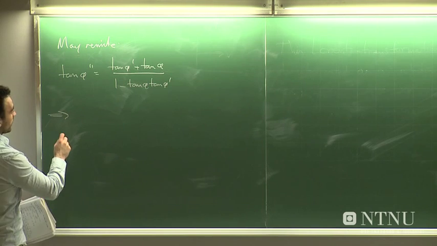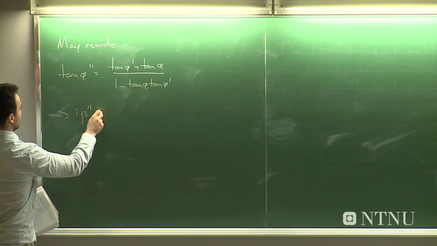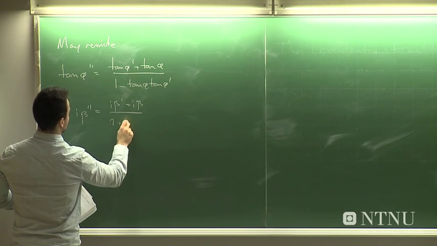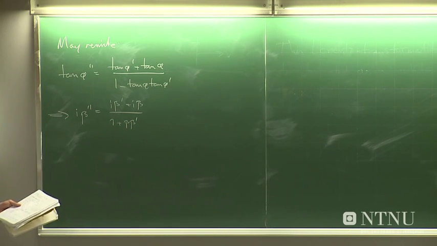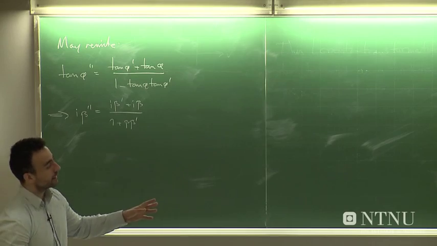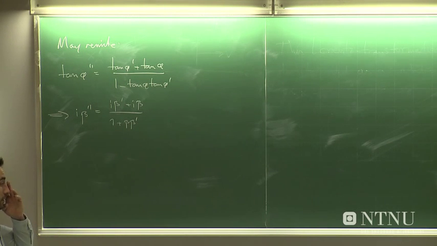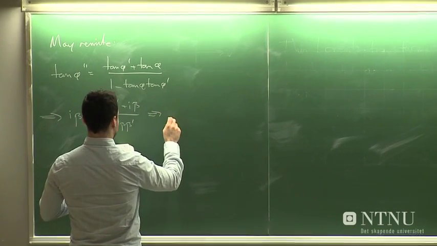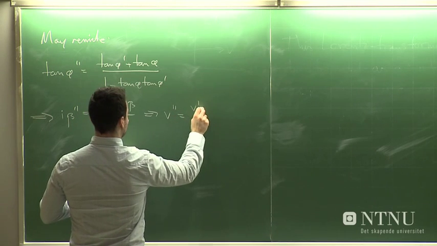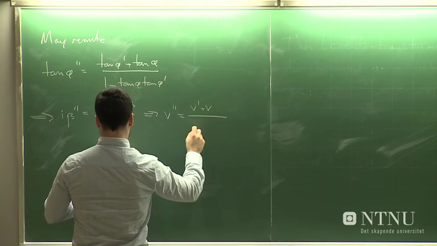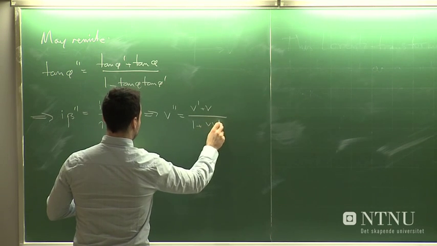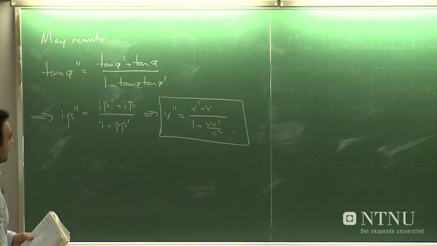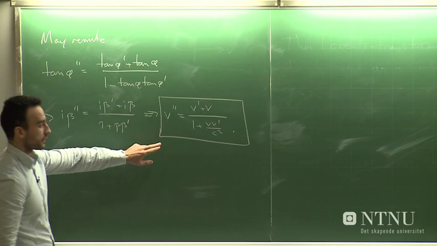So what I then immediately know is the following. Just by inserting my expression for tangents in the upper right corner, and using my definition of beta, this is the final result.